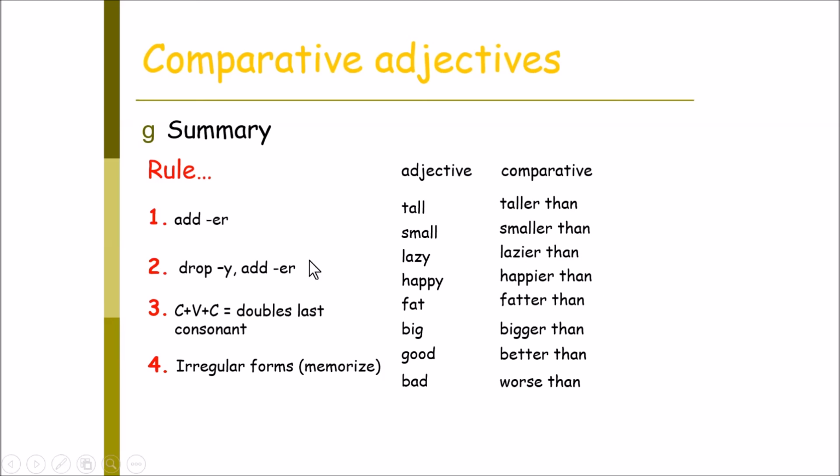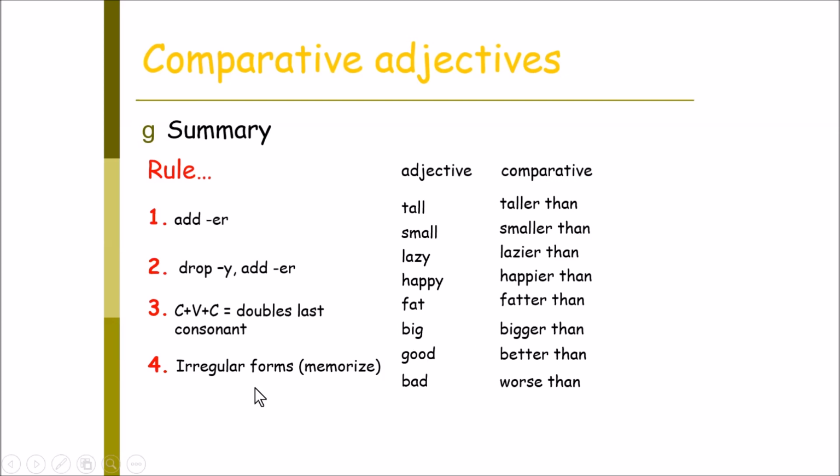Rule number three: when one-syllable adjectives end in consonant, vowel, consonant, you have to double the last consonant. For example, fat and big, both are consonant, vowel, consonant adjectives. So you have to double this last consonant, which is the letter t and the letter g. So fat is fatter than, and big, bigger than.